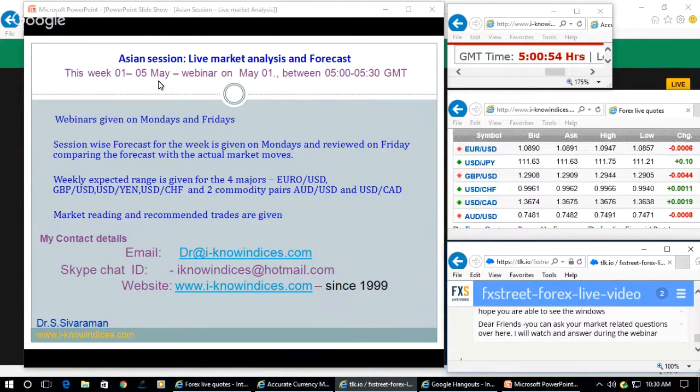Besides, I'll also do the market reading and explain how the trading could be done during the monthly trend reversal time using hedging. I'll also give trade calls for you to implement in a demo trading platform to find the suitability of such calls.